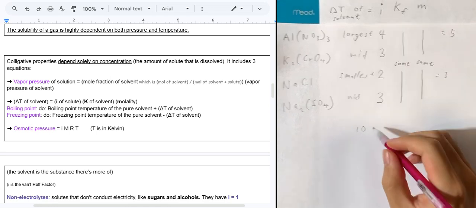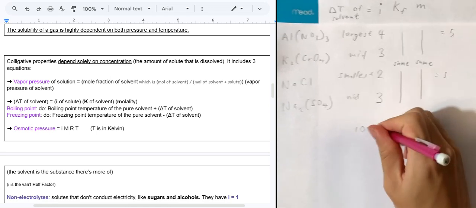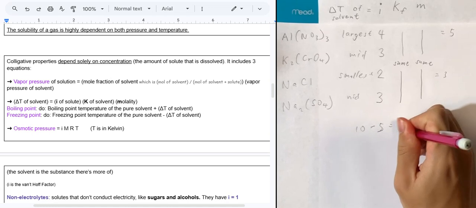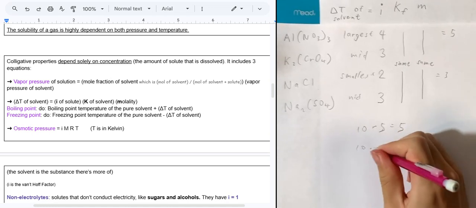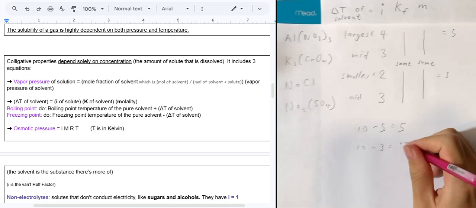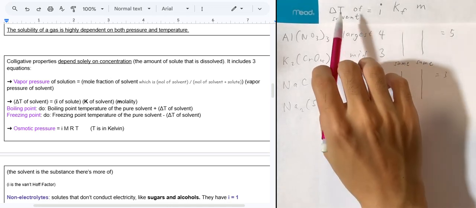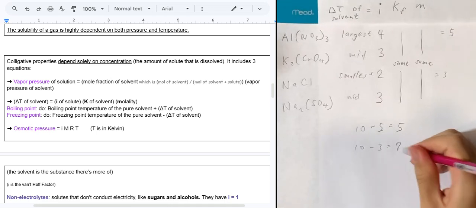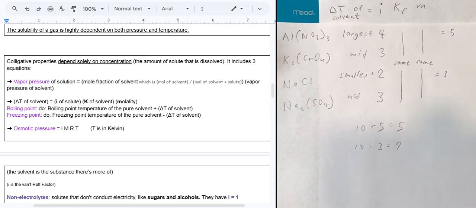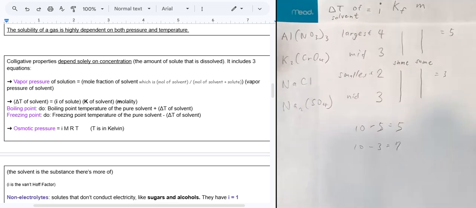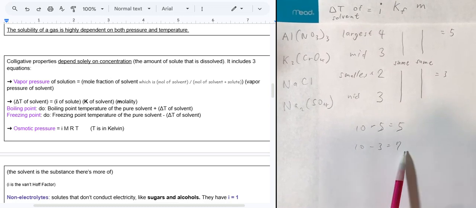If we minus this from the largest number versus if we minus it from the smallest change of solvent, then the freezing point temperature that's minused from the smallest change of solvent will have the largest freezing point.